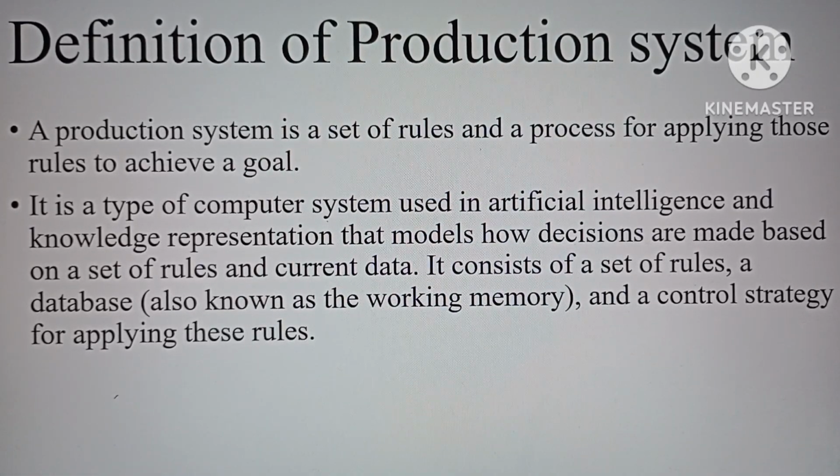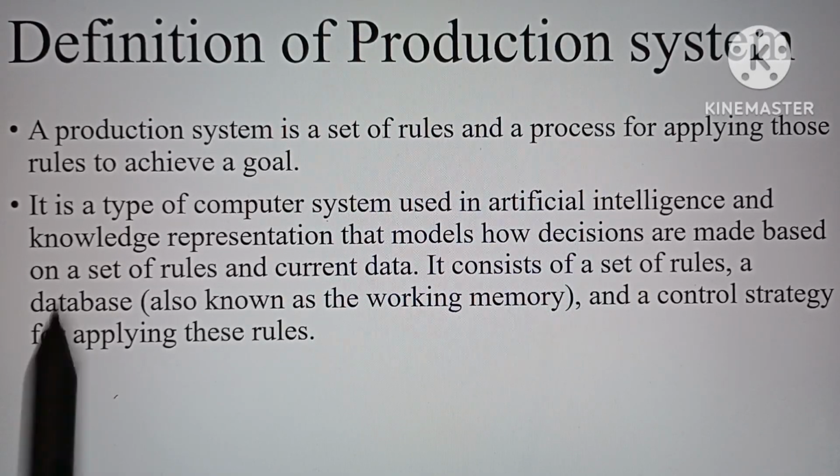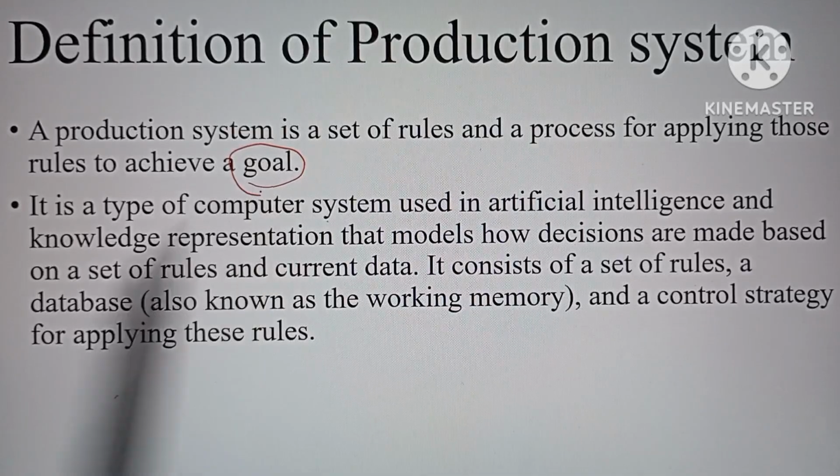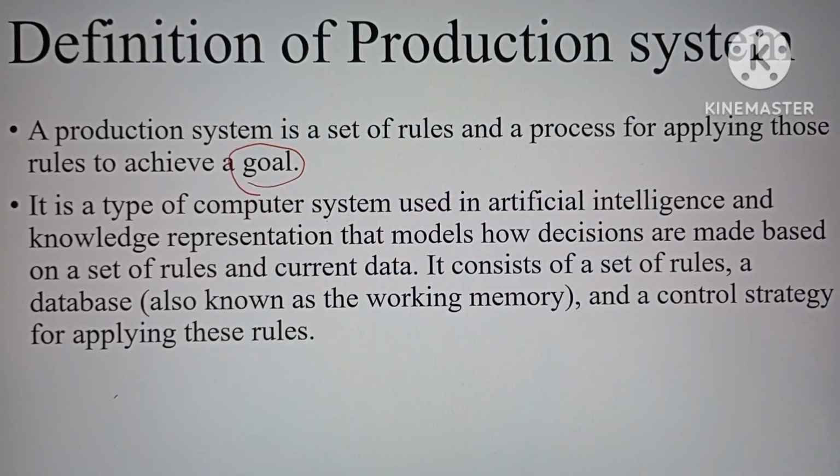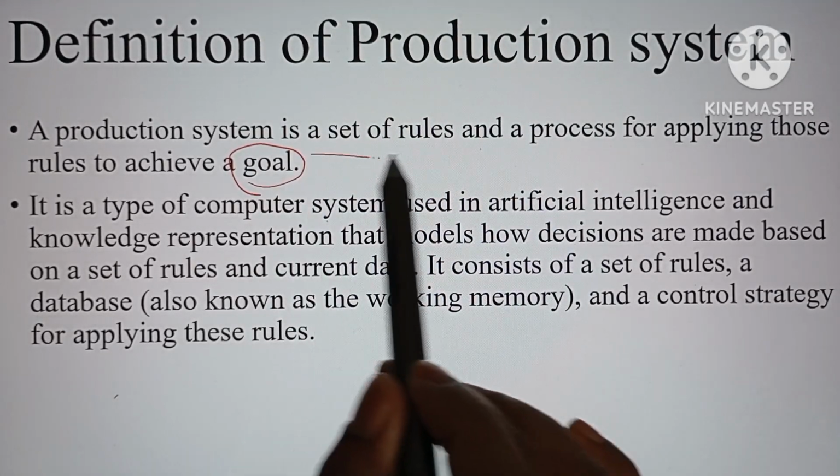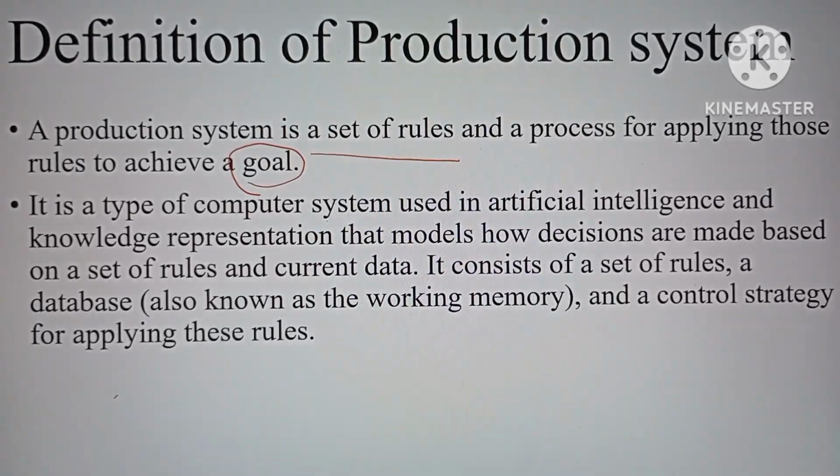It is a set of rules and a process for applying those rules to achieve a goal. Every AI agent has a goal to achieve, so it uses the set of rules to achieve these goals.